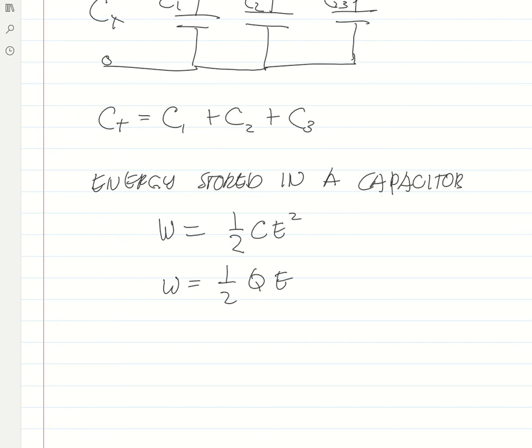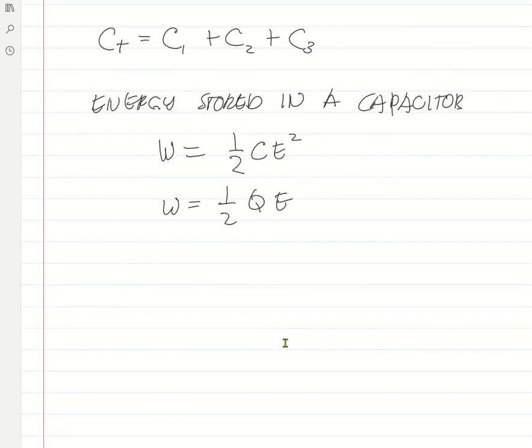Because capacitance is equal to Q all over E. If you substitute Q all over E, the E squared at the top will cancel out with the E at the denominator, so it will be equal to 1/2 Q times the voltage. And in terms of the capacitance and charge, this will be equal to 1/2 Q squared all over the capacitance.